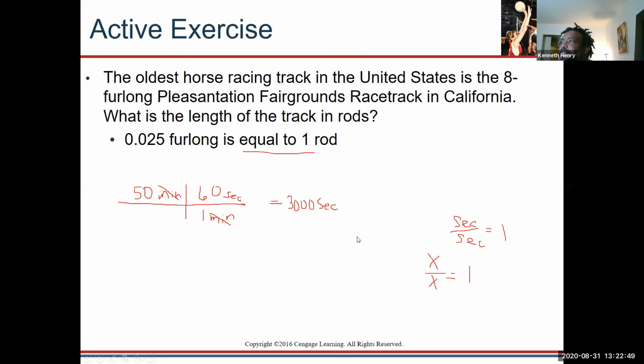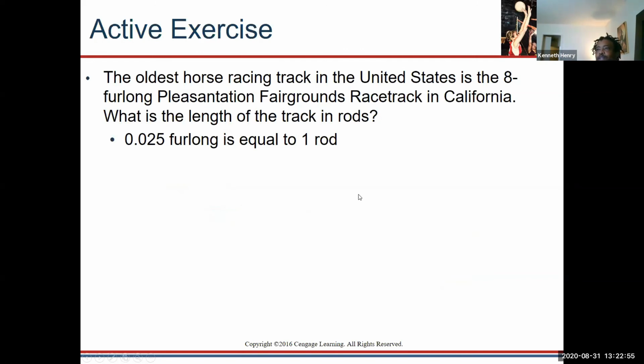Okay, so let's test out those skills. The oldest horse racing track in the United States is the 8-furlong Pleasanton Fairground Racetrack in California. What is the length of the track in rods?